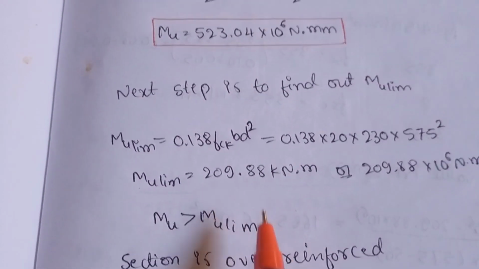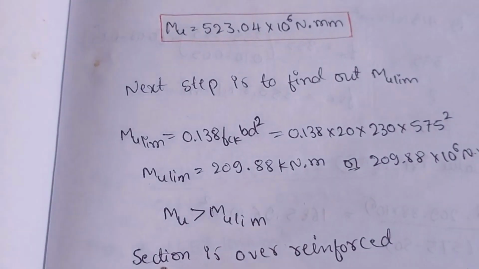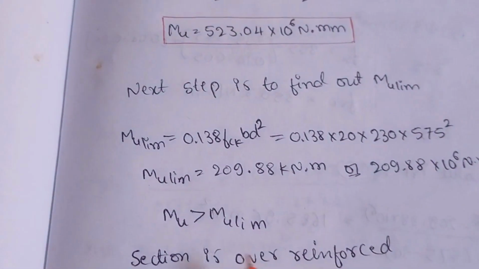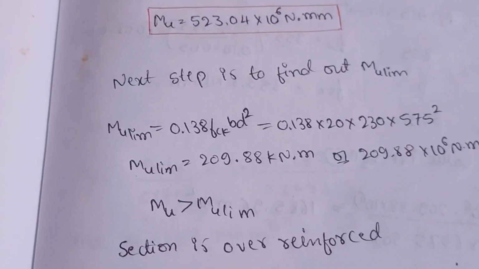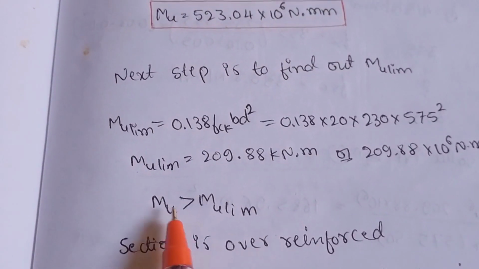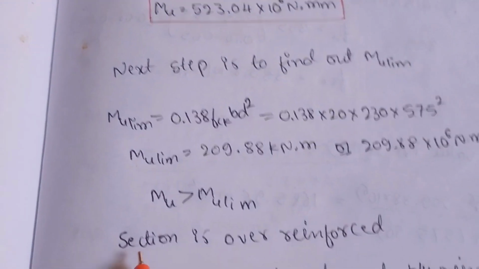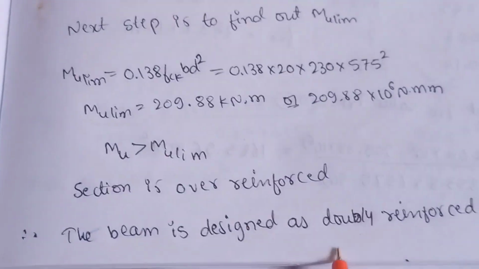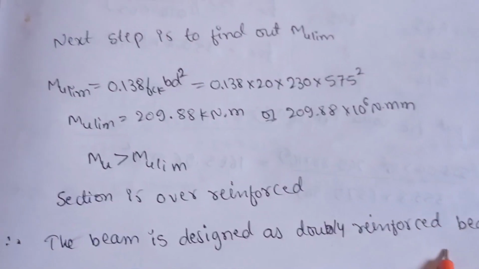It means our section is over reinforced. So our given beam is an over reinforced beam, and we need to design the beam as a doubly reinforced beam.